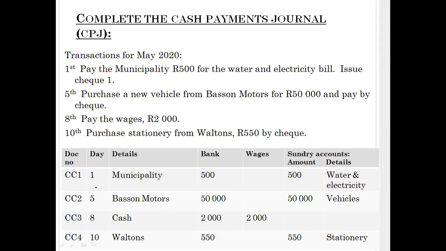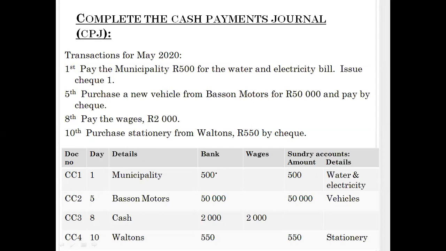Right, the day on which the transaction happened, that's quite fine and easy. For details, you look out for the name of a business. If there's not a name of a business in the transaction, then you write the word cash. Then your amounts: the amount will every time be in bank because you pay it out of the business bank account, and then you're going to specify what it is for every time.